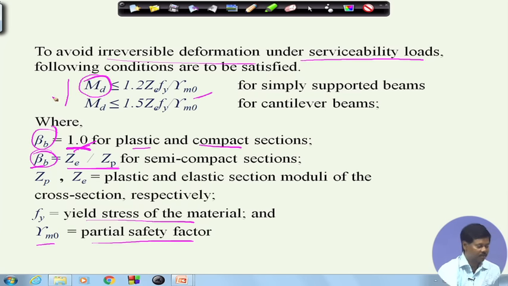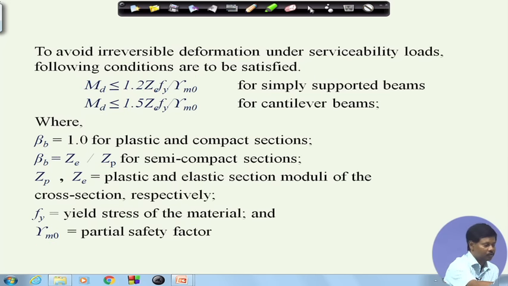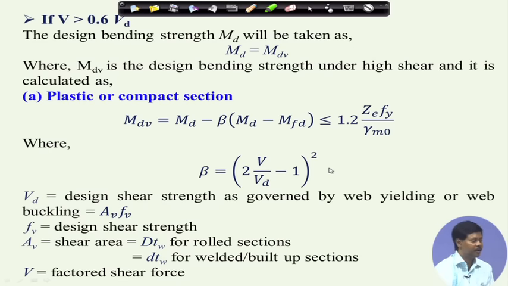So, Md is 1.2 Ze Fy by gamma m0 for a simply supported beam, and for a cantilever beam we can consider Md as 1.5 Ze Fy by gamma m0. So, Md should be less than this or this, depending on the support conditions. Once we find the value of Md, we can go ahead to the next step.